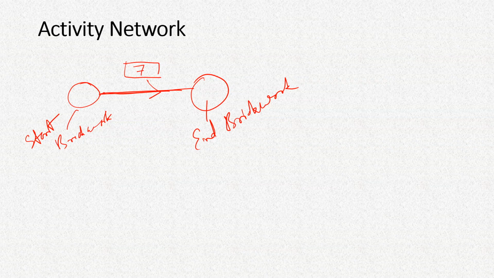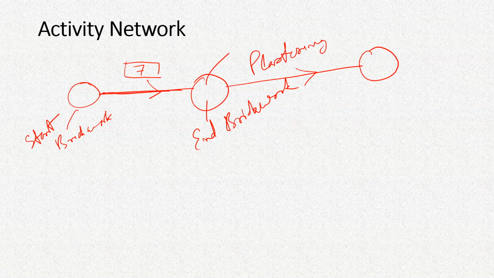So after brickwork, we'll go for plastering. This arrow represents the plastering work, and this node represents the beginning of plastering work, and this represents the end of plastering work.